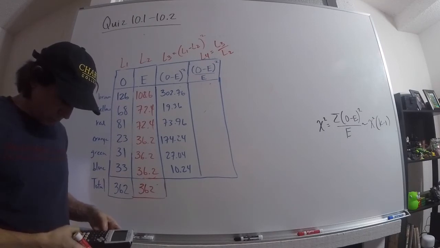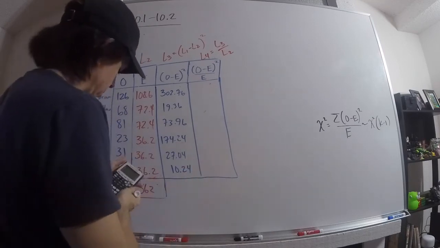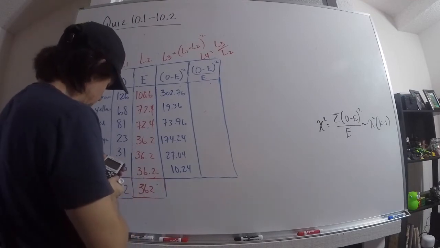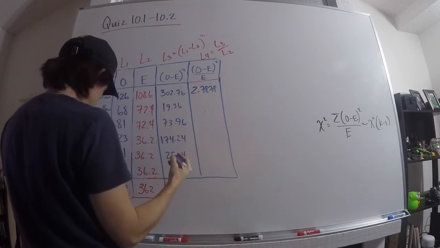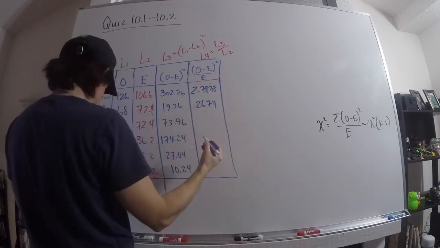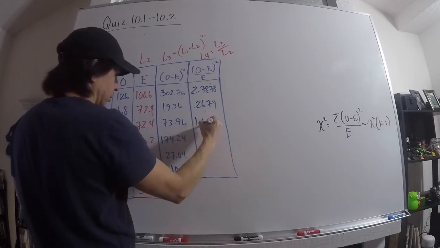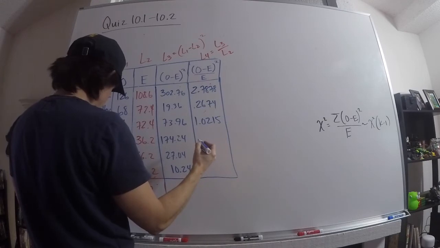L3 divided by L2. Okay. I got 2.7878, 0.2674, 1.0215. No, wait, what happened?